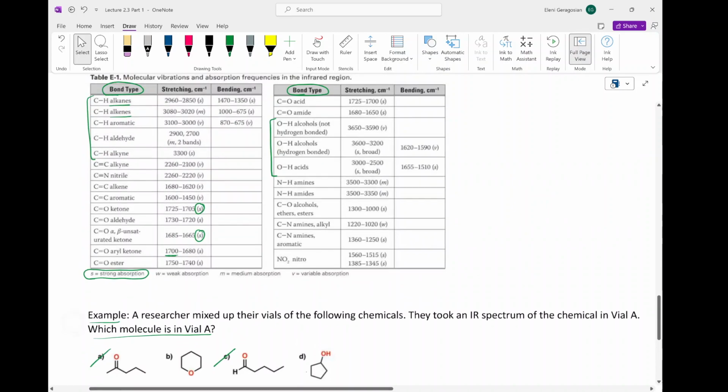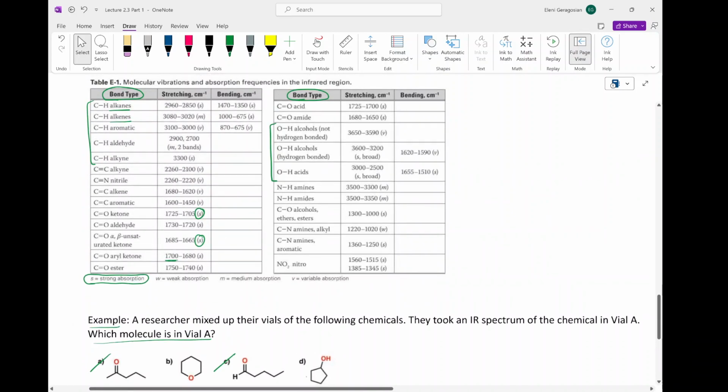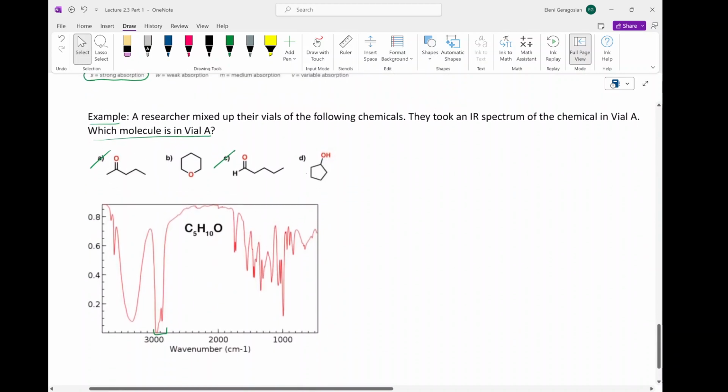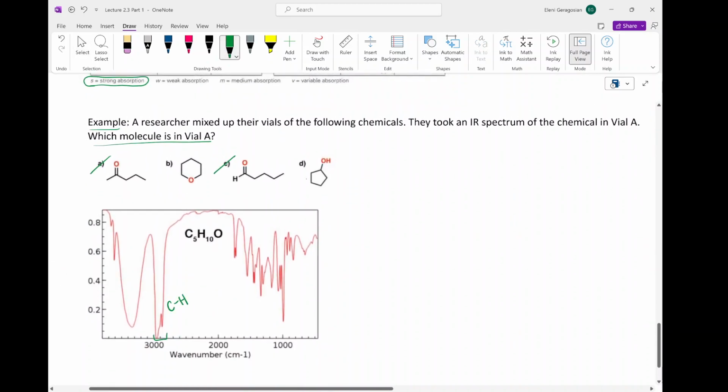That's a sharp peak. This corresponds to carbon to hydrogen bonds that I'm circling at the top there. So this indicates we have carbon to hydrogen bonds, but guess what? In all of these molecules, we have carbon to hydrogen bonds. So that peak is not very helpful for this problem.